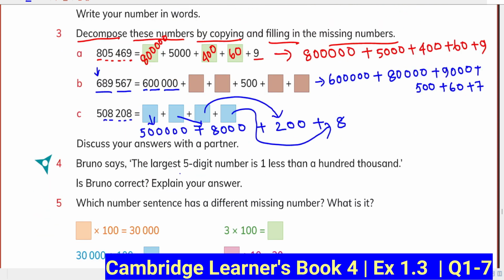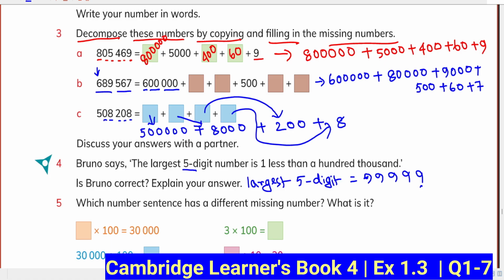Borno says the largest 5-digit number is less than 100,000. Is Borno correct? So what do you think? The largest 5-digit number is 99,999, and it's 1 less than 100,000.